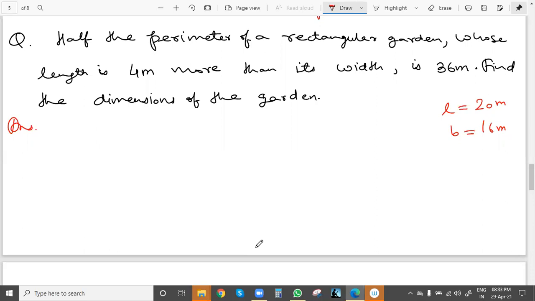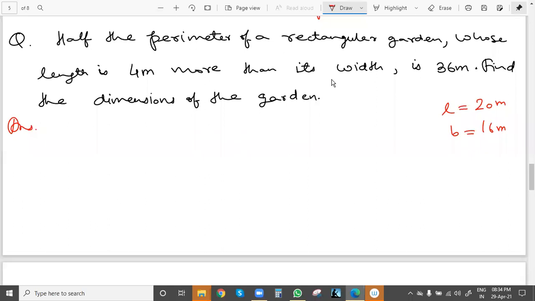Everyone try and let me know the answer. Whatever values we have to find in word problems, we can assume those values to be x and y.